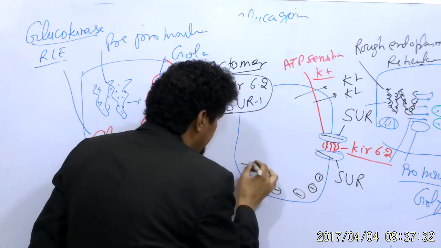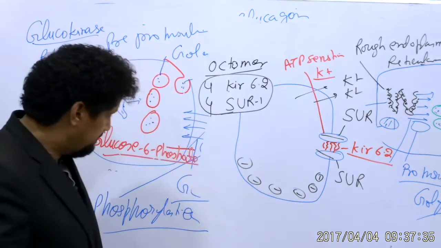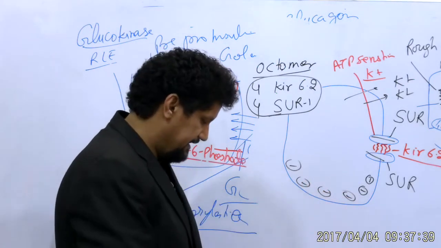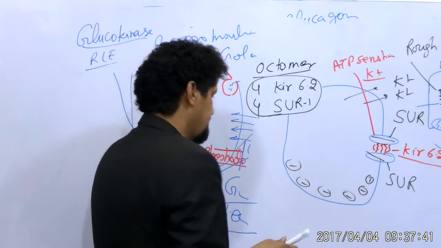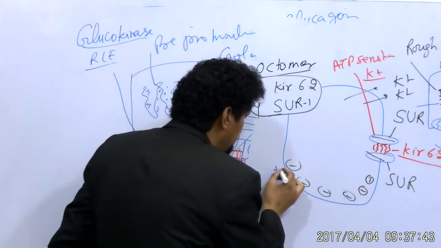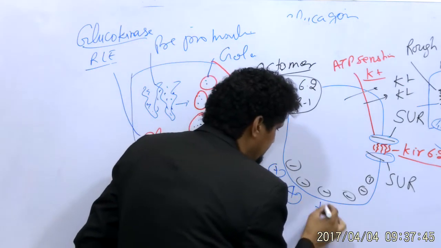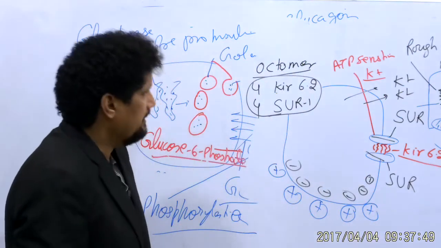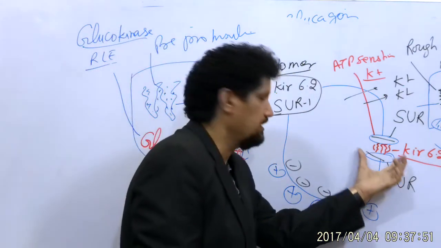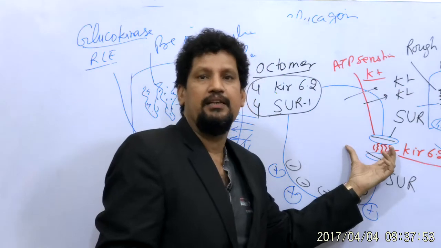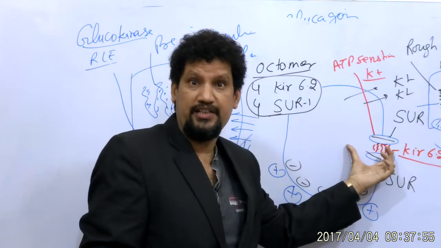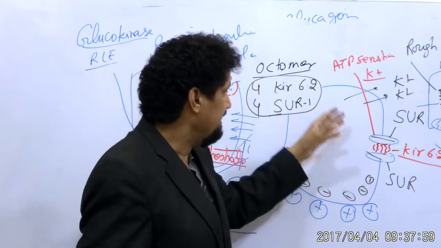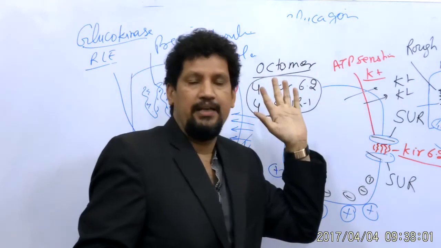In the resting stage, the inner part of the membrane is negatively charged and the outer is positively charged due to continuous efflux of the potassium through these potassium channels. Now what is happening? These channels are closed by these ATPs, then the efflux of the potassium is blocked.